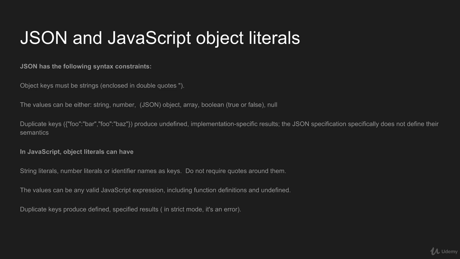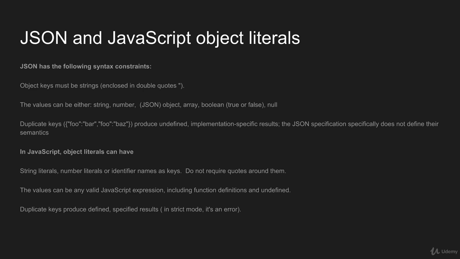There are some differences between JavaScript object literals and JSON. JSON requires that object keys must be strings, so they're enclosed in double quotes, whereas JavaScript objects are a little bit more flexible. The values can be string, number, JSON object, array, boolean, null, and the same goes for JavaScript objects.